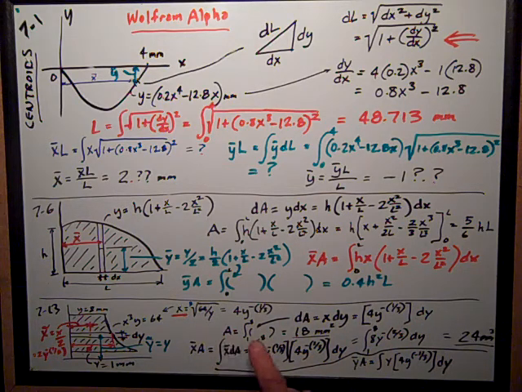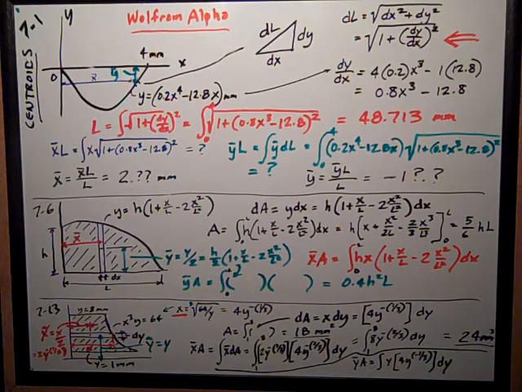I can integrate that from 1 to 8 in the y distance. It starts off at 1, goes to 8, and the integral of that is, I'll give you a hint, 18 millimeters squared. So that's the area of that shape.